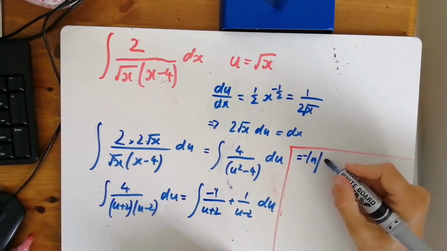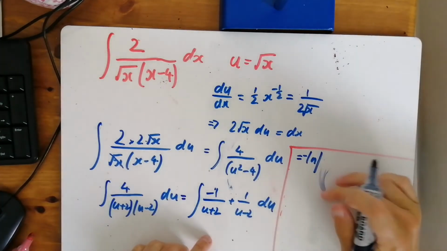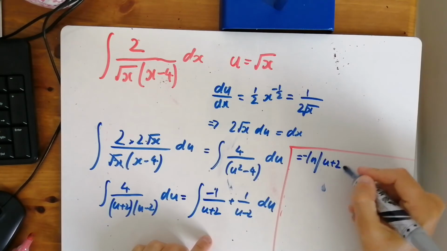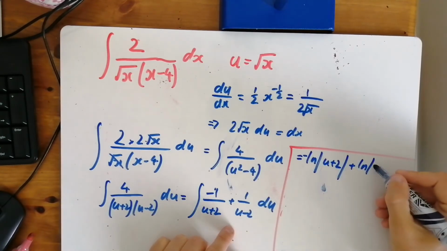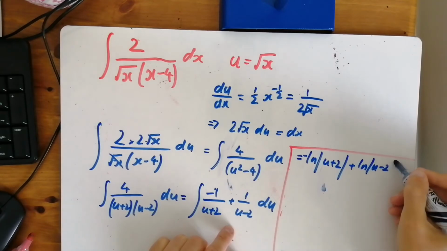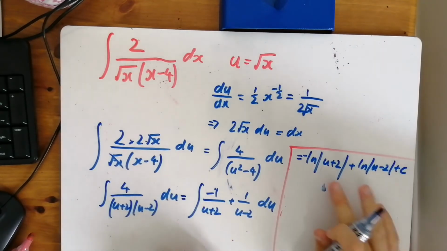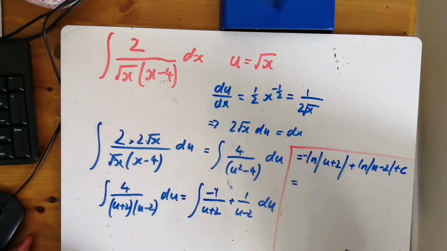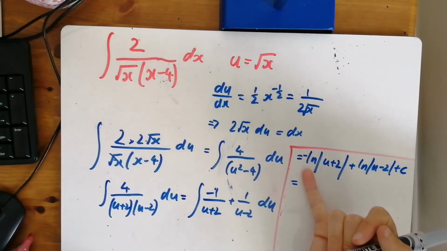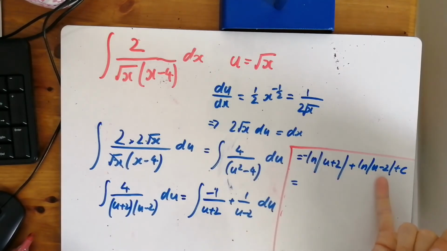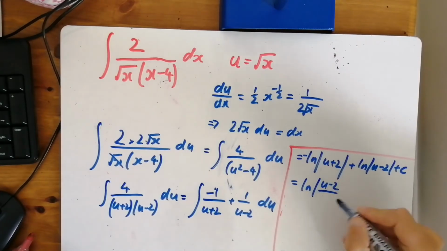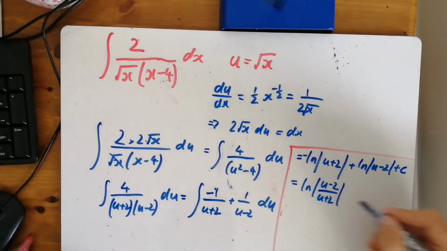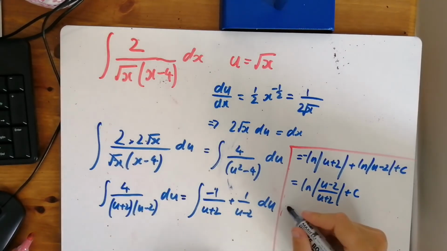Minus. And then plus. Don't forget your plus c. And then that's a negative log, so it could be rewritten as denominator inside 1 logarithm. And then we just need to replace our x's again.